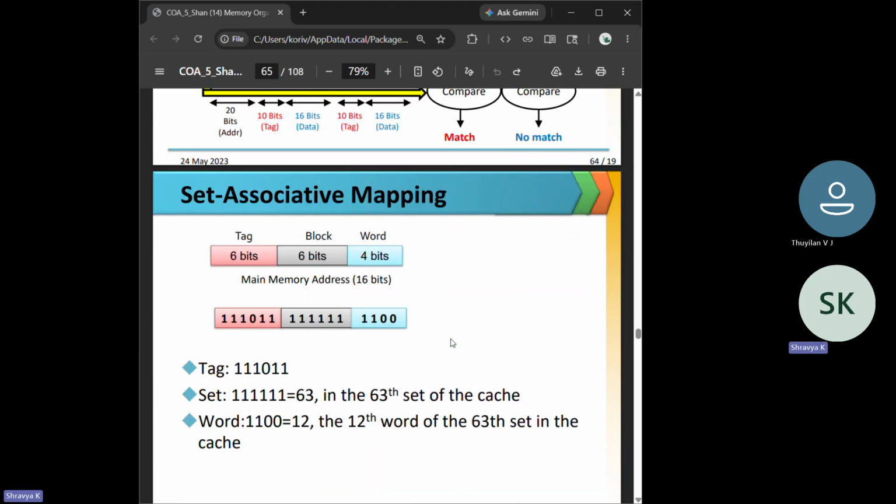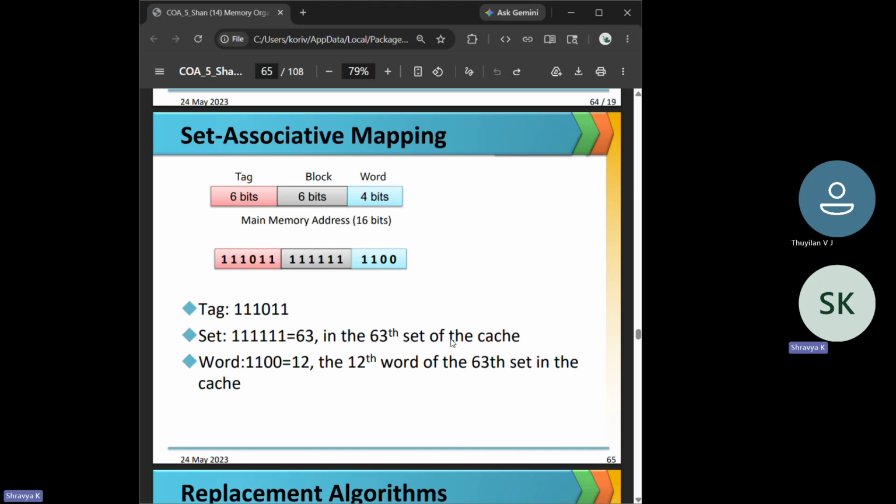So this is an example of the main memory address, which is 16 bits. You have the tag bits over here, and then you have some bits for the set. So that is basically the block, right? The set is nothing but the block. So it just says that you need to look at the 63rd set in the cache, right?